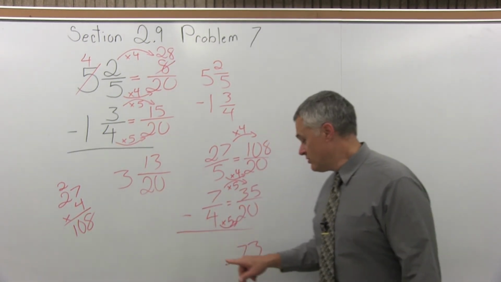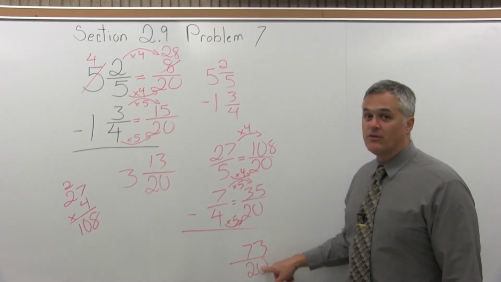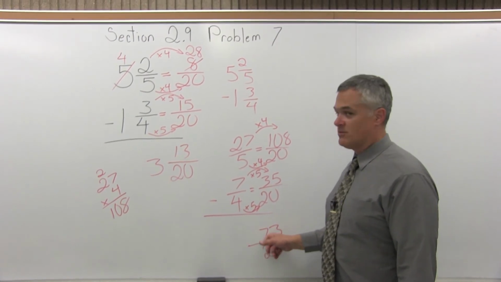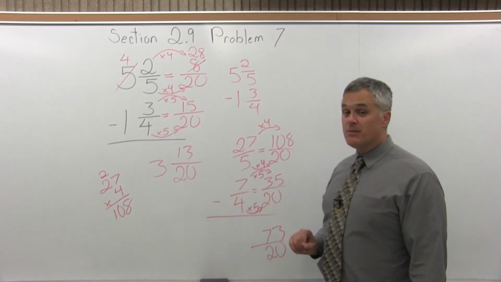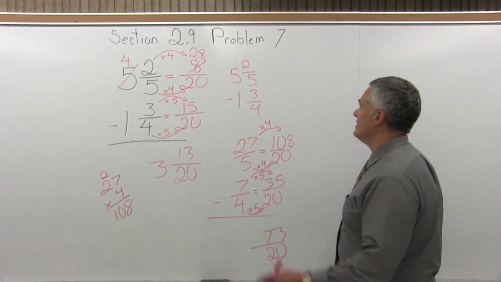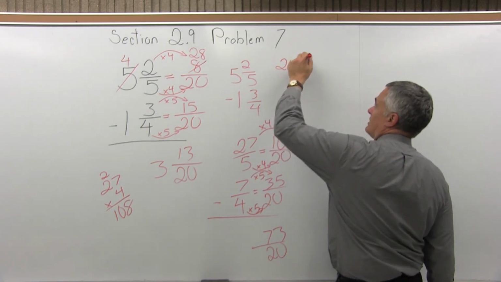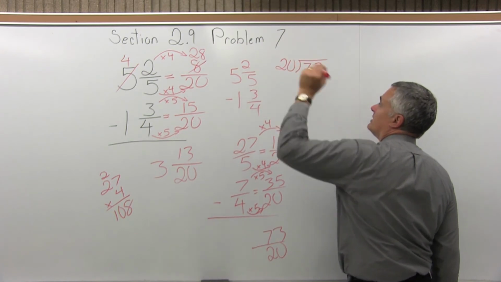So what I'm going to do is convert that 73 over 20 into a mixed number by just dividing. Divide the denominator into the numerator, find the remainder. And it should come out the same. Let's see if it does. So the denominator of 20 divides into the numerator of 73. How many times?